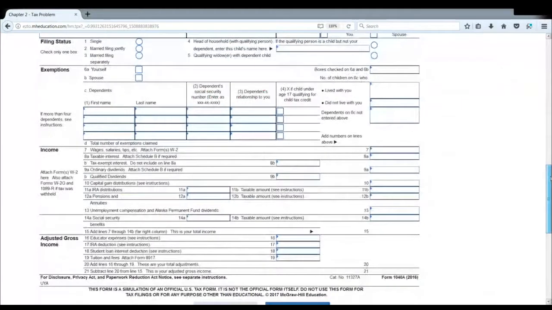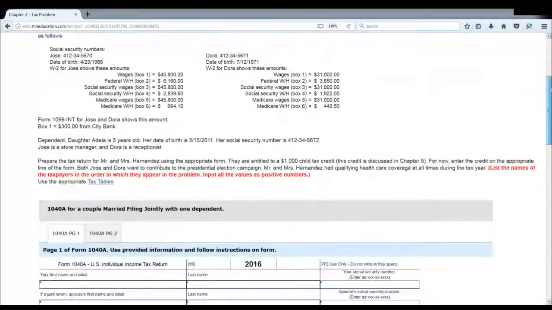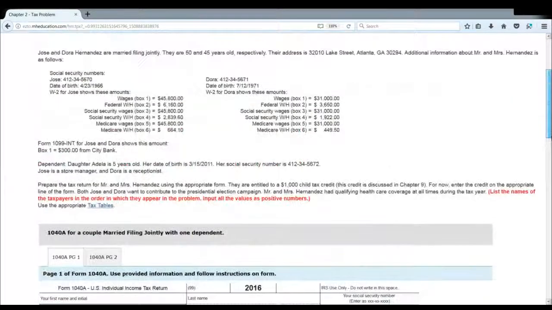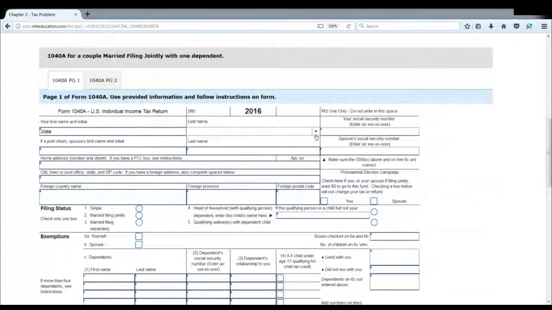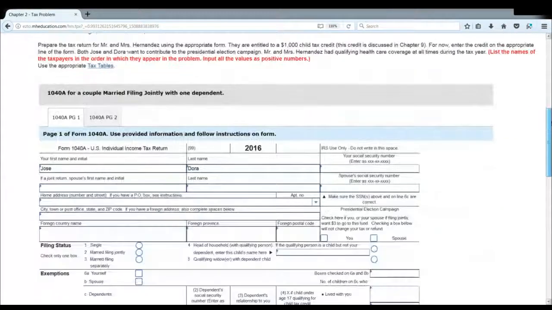So now for this, what do you start doing? You just start populating people's names, right? So your first name, last name. So I'm going to put here probably Jose. Okay. Start populating there. Jose and Dora. Okay. Home address. I'm just going to go to here. Populate this.